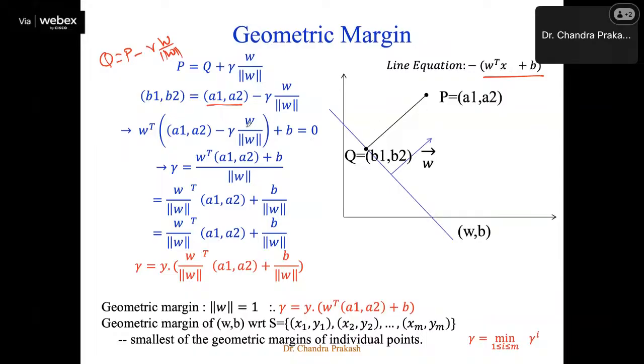So what we can say about that margin, right? We replace the values over here in this. So my margin is W transpose A1 A2 plus B divided by this W. And then we can rewrite it in this way. So this is actually my margin.